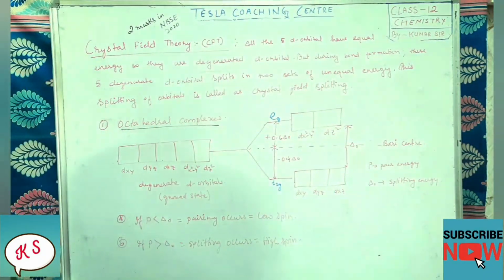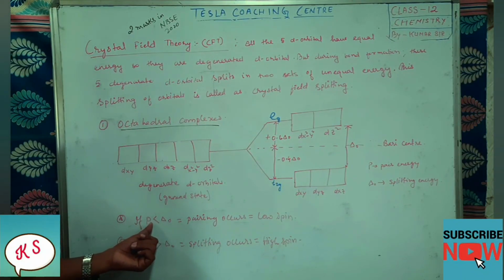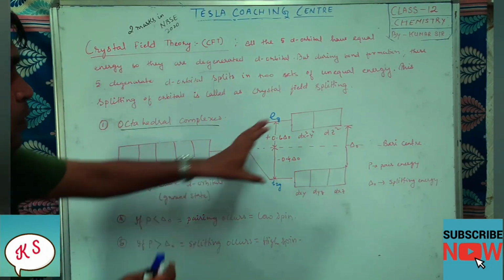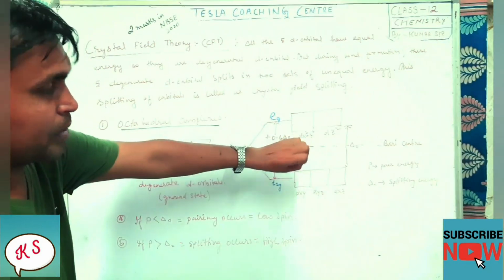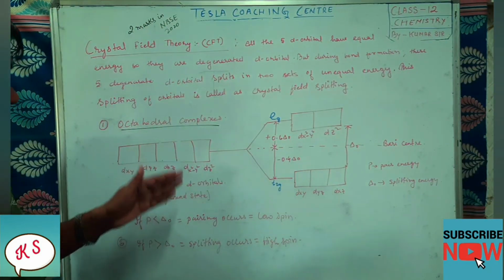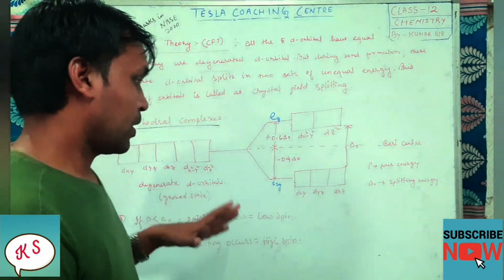Now let's see two conditions. If the pairing energy P is smaller than the splitting energy, meaning the energy required to pair up electrons is less, then pairing occurs, and that case we call low spin.